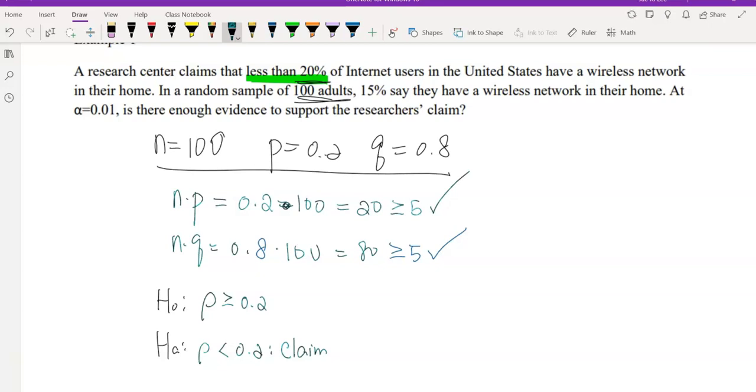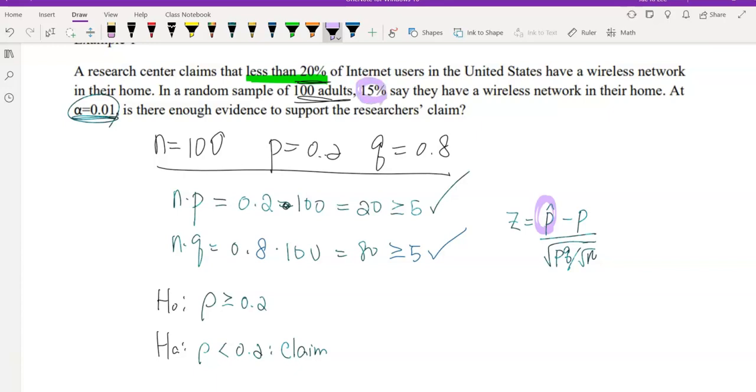Then given alpha equal to 0.01, let's find the z value using the formula here. So z was p cap minus p over the square root of p times q over n, right? Now we need to define what p cap represents, which is this one here.